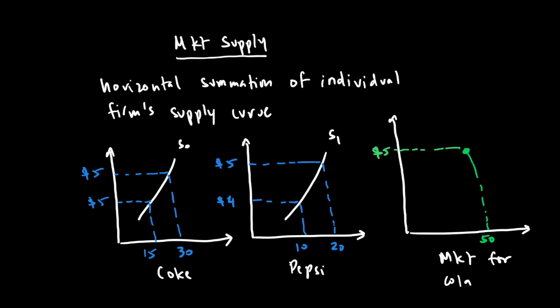And similarly at $4, the market is making 15 plus 10, which is going to be 25. So if I join the two points together, this is my market supply curve, which is a horizontal summation of individual firms' supply curves.